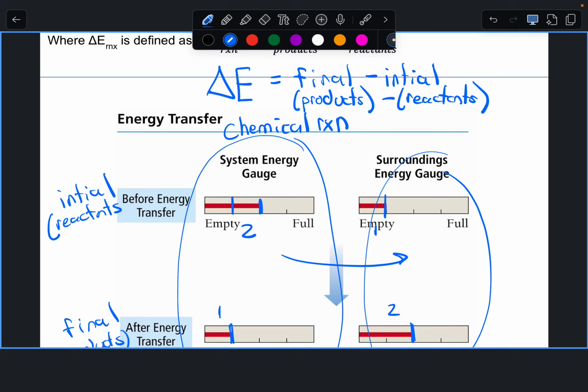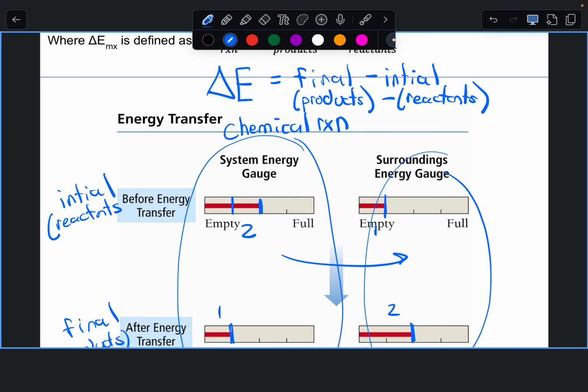Because if I have a butane lighter and the butane and the oxygen and then the products, the carbon dioxide and water, if that's the system, all of that heat's going to everything else in the universe, right? It may not spread that whole way. It's going to dissipate at some point, but it's going to everywhere else. So that's what we're talking about when we say the surroundings, is the other stuff.